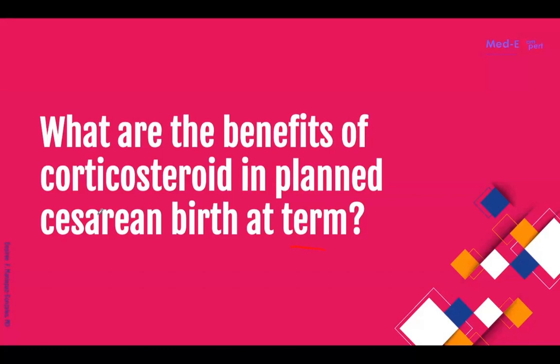Very good. Even if this is already term, the baby who is born vaginally is more exposed to the stress of labor, while the baby born by planned cesarean section is not.